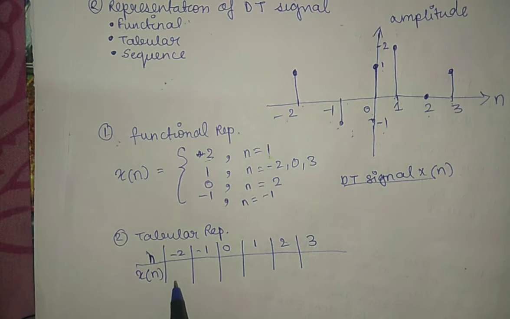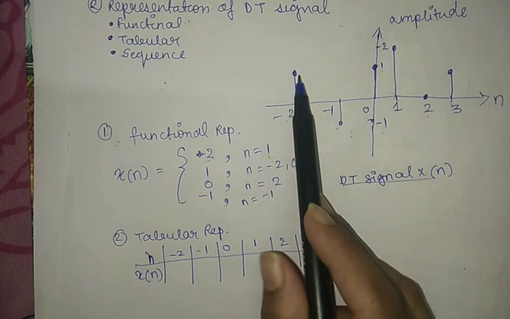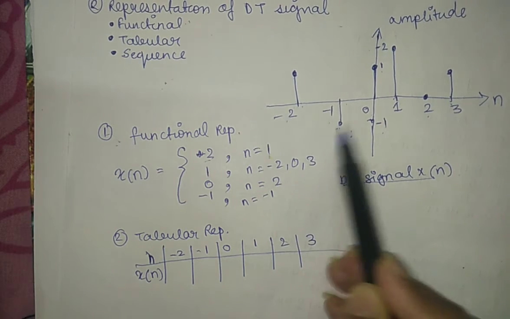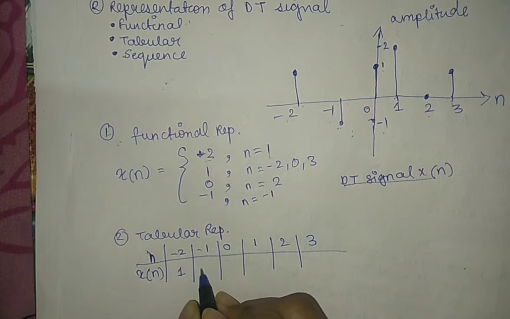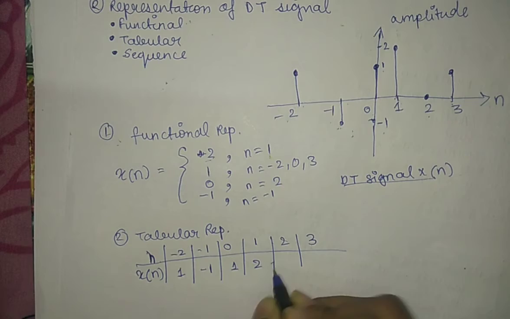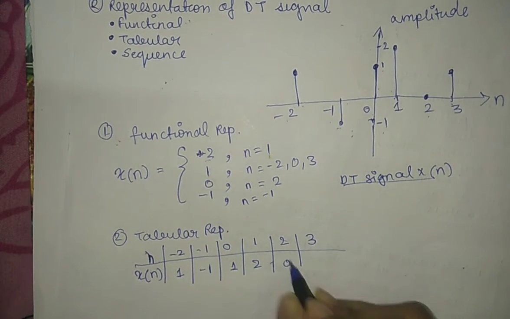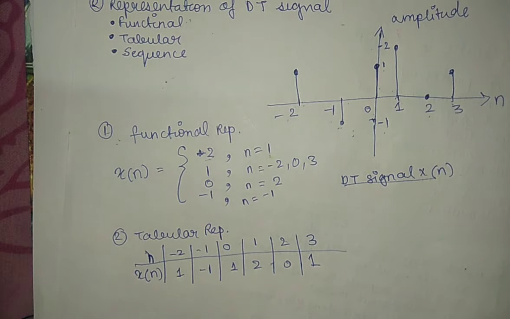And the values it has at those particular points are 1, -1, 1 again, then 2, then 0, and at the last 1. So this is simple, and it can be represented in tabular form.